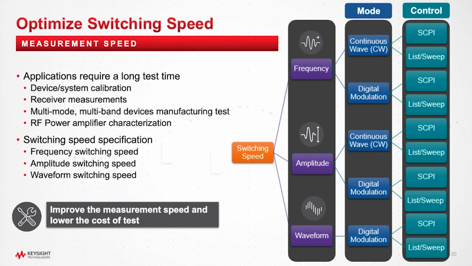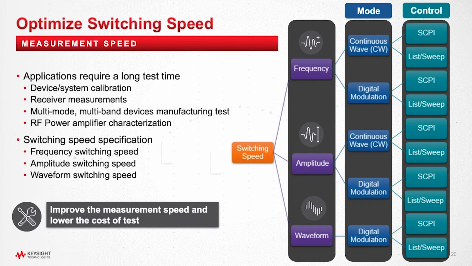Today's manufacturers of wireless component devices and systems face significant pressure to increase the throughput and lower the cost of test. Improving the speed of the automated test equipment can be an important factor in reducing overall test time. In a signal generator datasheet, there are 3 items related to speed: frequency switching, amplitude switching, and waveform switching.